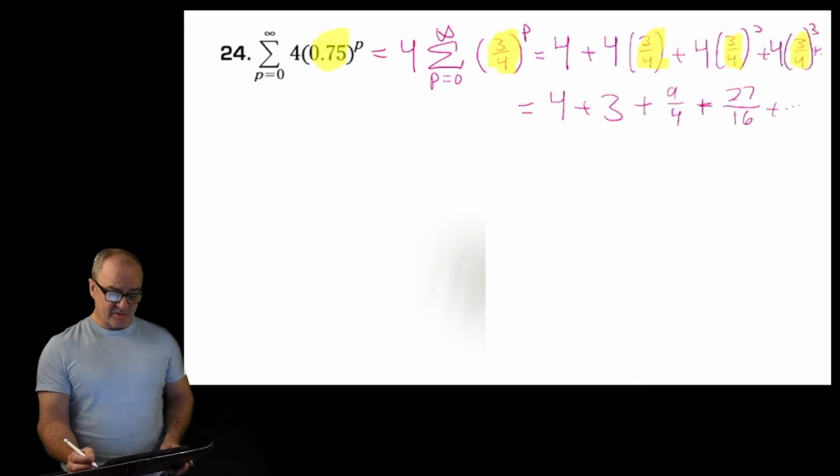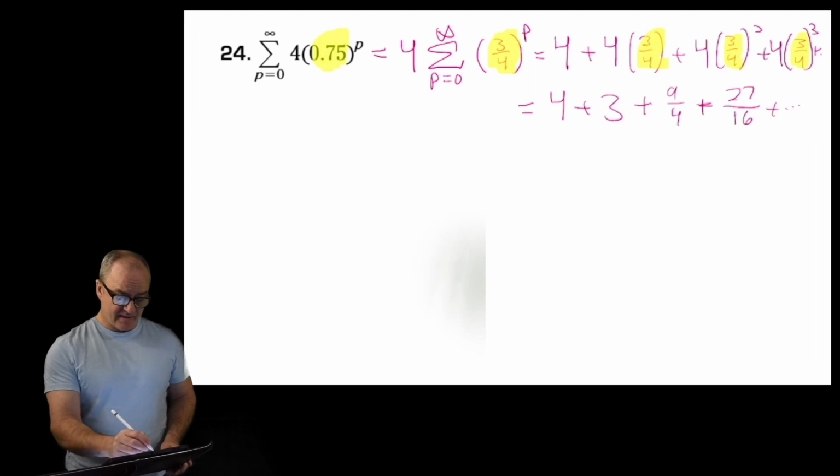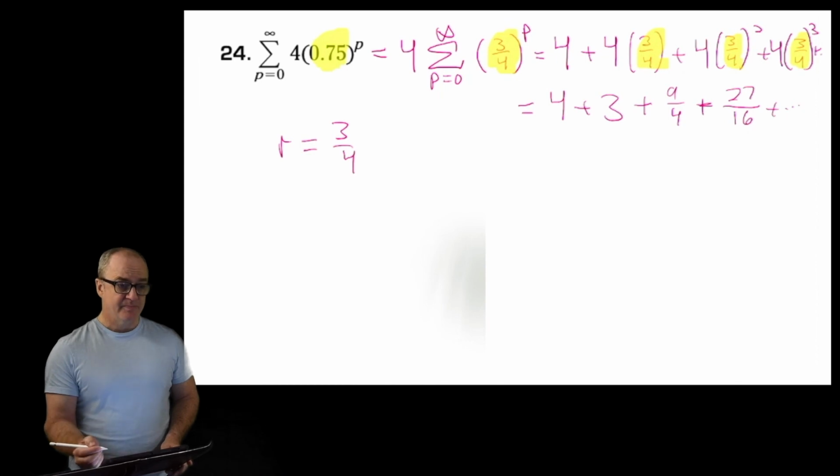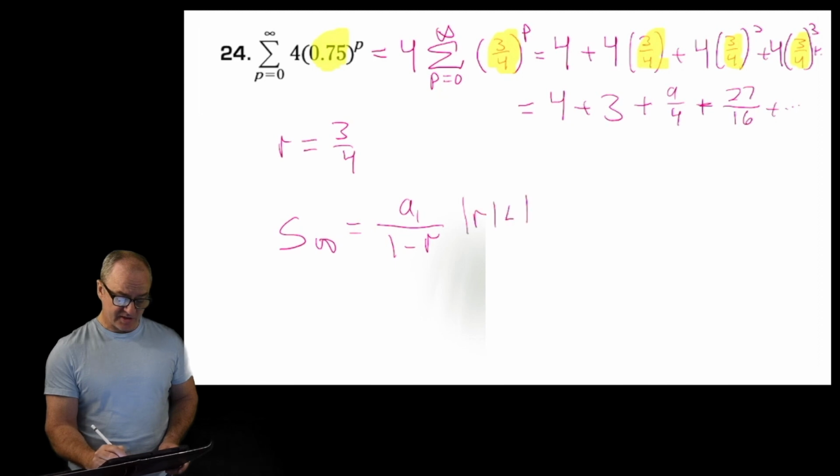But I now see that since I'm looking at a geometric series with a common ratio of 3/4, well, the sum of an infinite series is the first term divided by 1 minus the common ratio. Again, I can't stress this enough, as long as that ratio is less than 1.